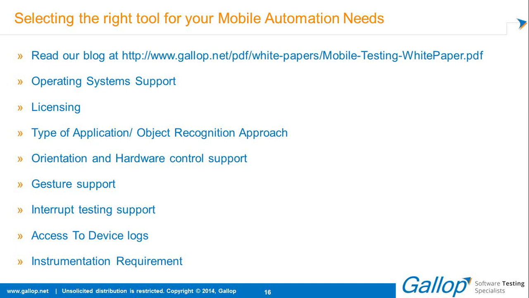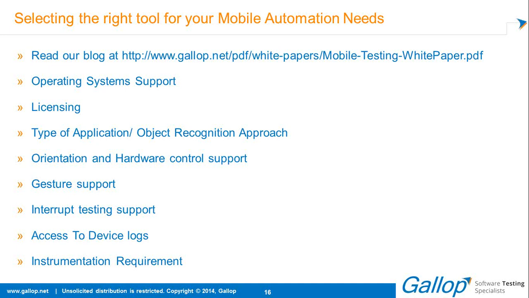And then one of the most important considerations might be the instrumentation requirement. Some of the commercial tools do not have instrumentation requirement, which is needing you to run your automation tool only on Mac.